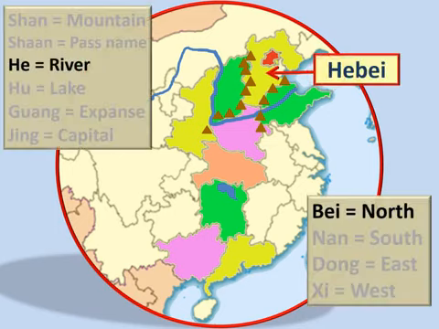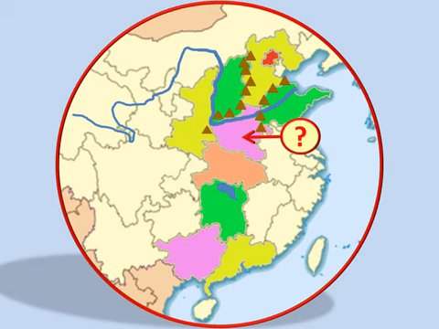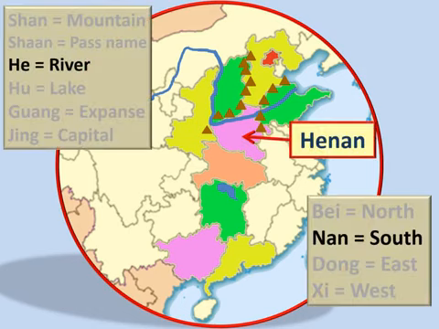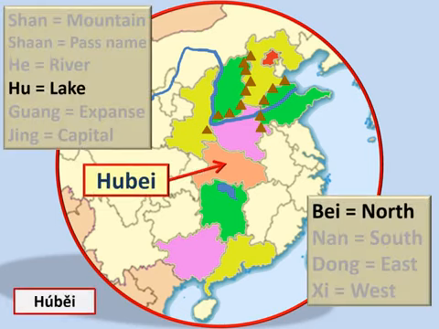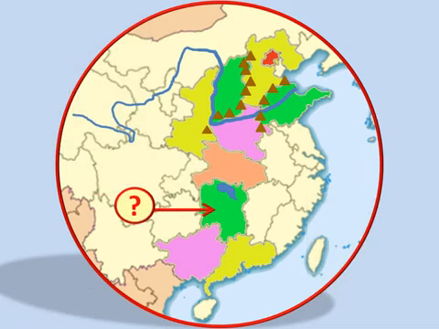What's the name of this province? 河南. What's the name of this province? 湖北. What's the name of this province? 湖南.